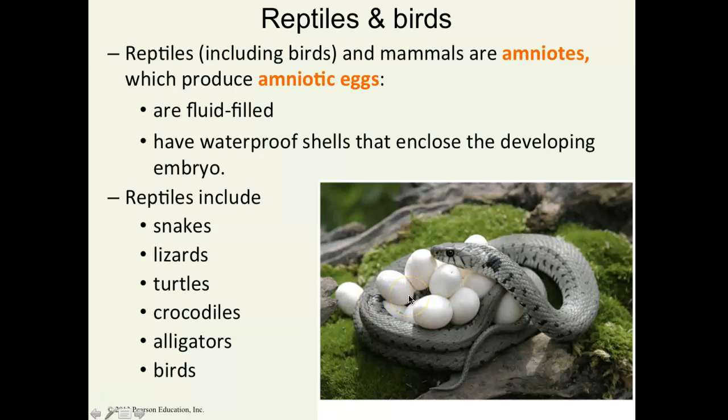So you're actually creating a very watery environment for the development of the baby inside, with the shell on the outside to protect them from the dry land. So it's a waterproof shell, and inside, they have a watery environment for the embryo. So the amniotic egg is a fluid-filled egg for embryo development. So now we can have reptiles live completely on land.